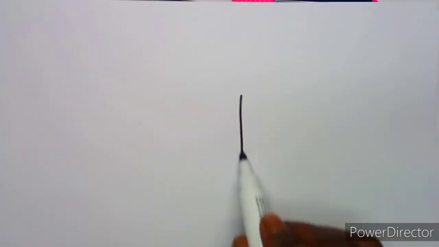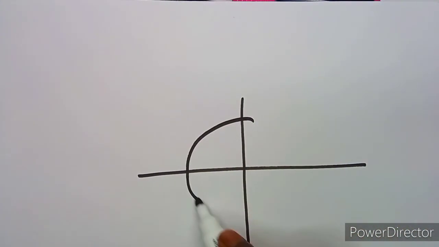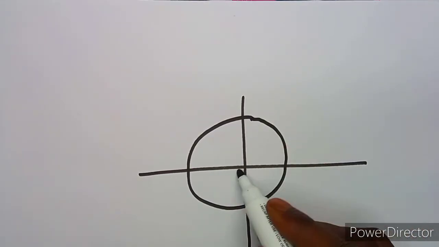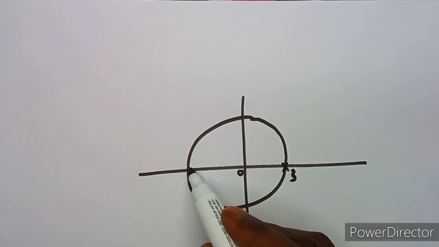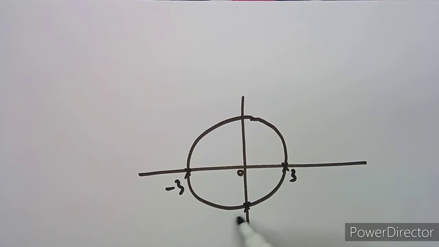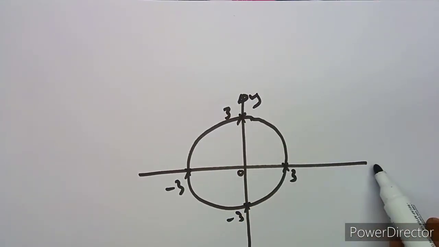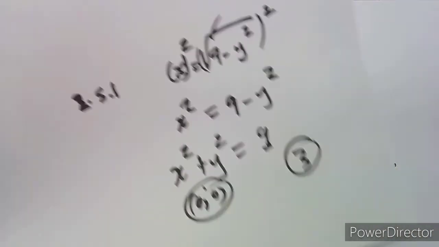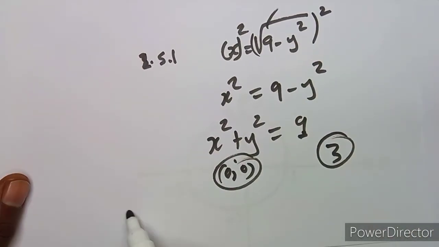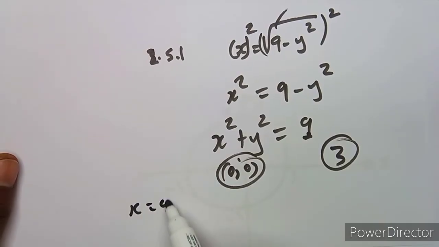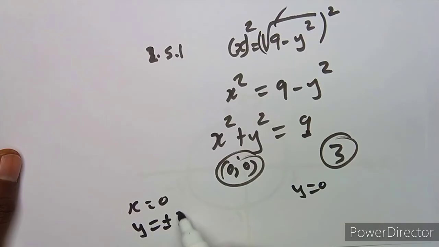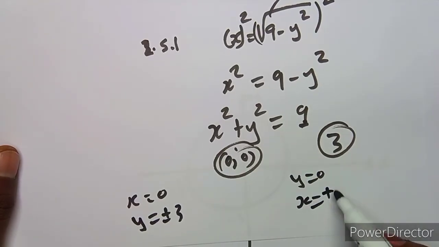So actually, that's a circle that we have there, center 0 and radius 3, so this is going to be minus 3 and 3, on your y-axis and your x-axis. Or you can apply the x-intercept and y-intercept: when x is equal to 0 and when y is equal to 0, we have y plus or minus 3 and x plus or minus 3.